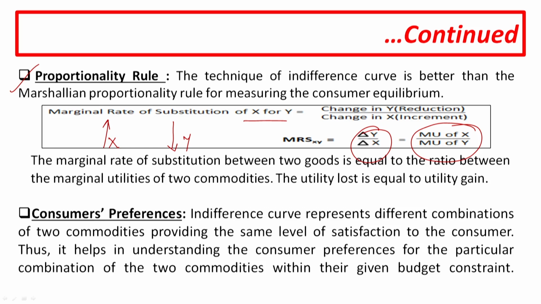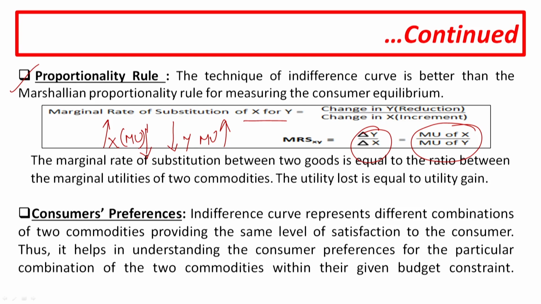And when you are increasing the consumption of X, the marginal utility from X is reducing through successive units, and the marginal utility of Y is increasing because you are reducing the consumption of Y. So, at respective prices, you are increasing and decreasing the consumption of the commodity, and thereby the effect on their marginal utility.